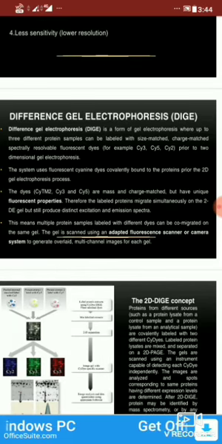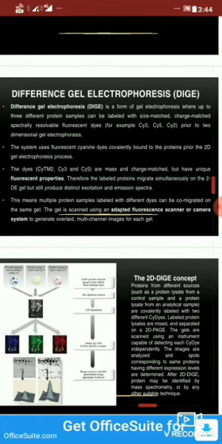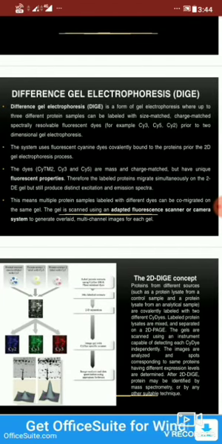Okay, so this difference gel electrophoresis is a form of gel electrophoresis where up to 3 different protein samples can be labeled with size matched, charge matched and spectrally resolvable fluorescent dyes. What do you mean by size matched, charge matched and spectrally resolvable fluorescent dyes?